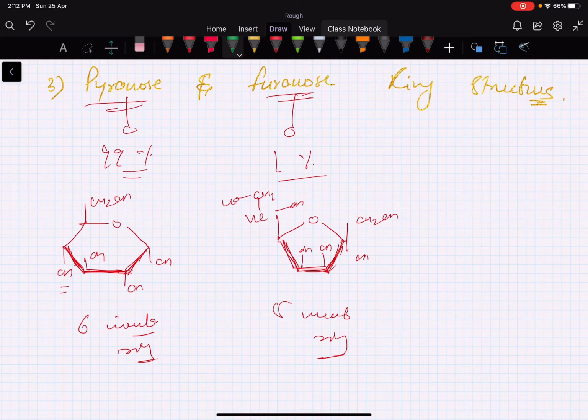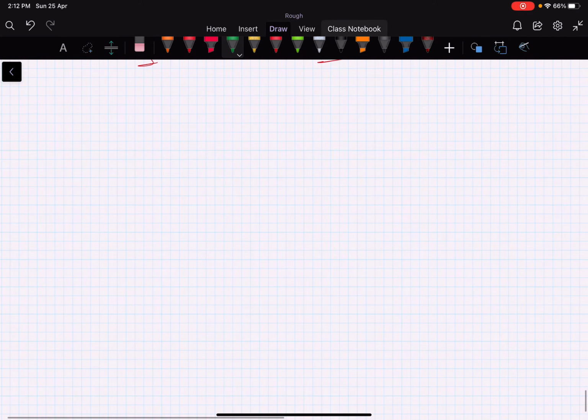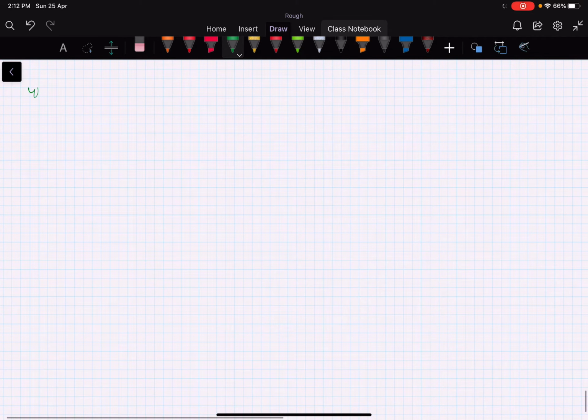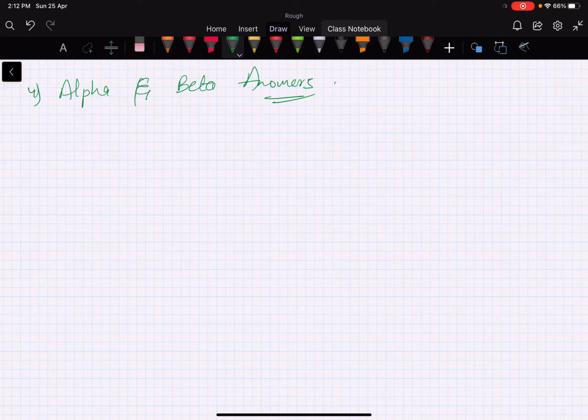Next we are going to talk about alpha and beta anomers. So what is the anomeric carbon? This is the carbon which has the carbonyl group.